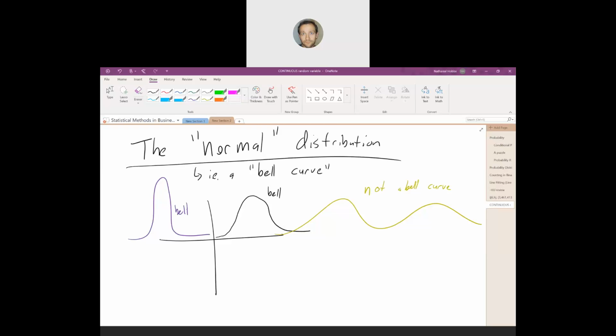What else about a bell curve? What else can you say about them? I guess you could say the higher the sample size, the more likely it'll resemble a normal distribution.